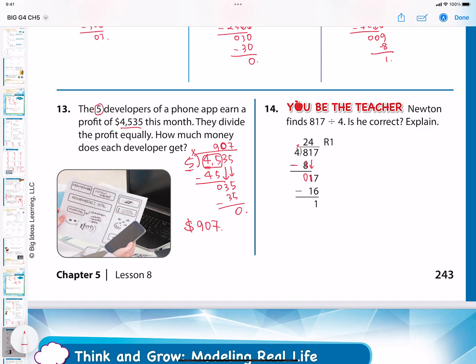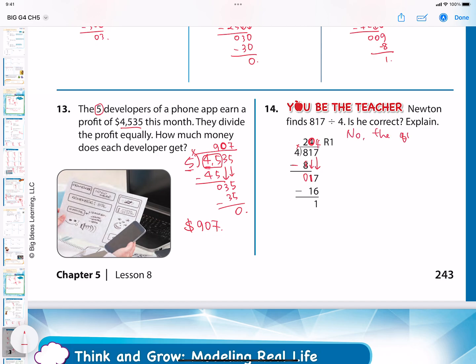Since 4 cannot fit into 1, you have to put what? 0 on top and tell them I didn't do anything on this place, okay? Because 1, you cannot fit anything by 4. So you need to work with these 2 digits, which is what? 1's place now. So 17, and it becomes what? 204. So the answer is no.